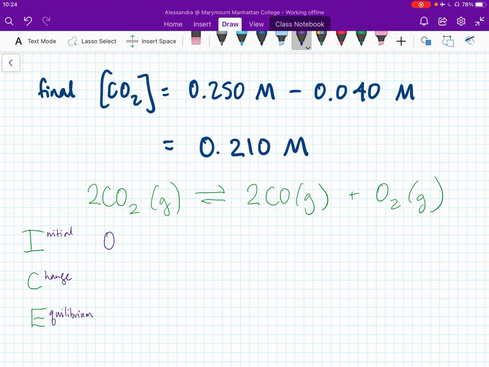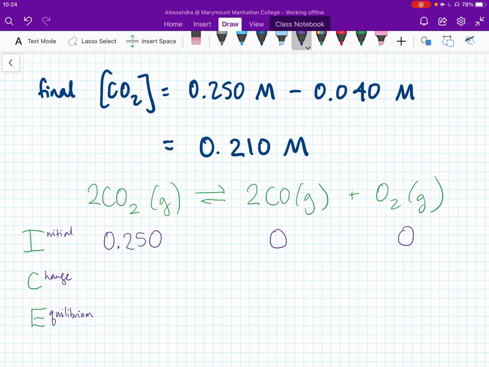The only thing that I know is that I have 0.250 molar carbon dioxide. I'm not going to include the molar, but we know these are all concentrations in the table. It is often implied in problems like this that I don't have any products when I start out. So I'm going to put 0 molar for both of the products.